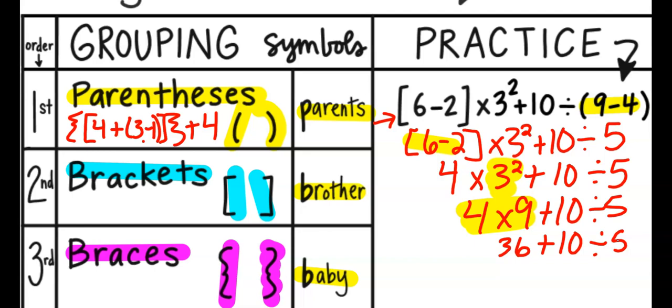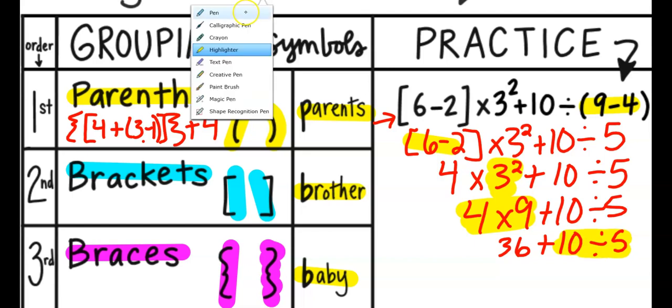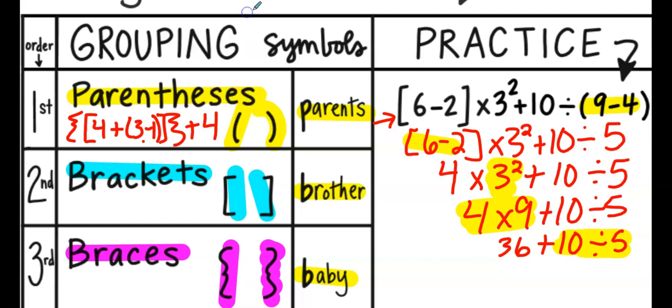Now we have two different sections here. We either have 36 plus 10 or 10 divided by 5. 10 divided by 5 is going to come next. So 10 divided by 5 is 2. So we have 36 plus 2, and we're going to evaluate that. That's our last step.